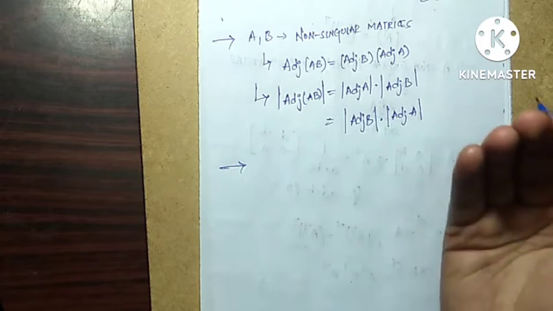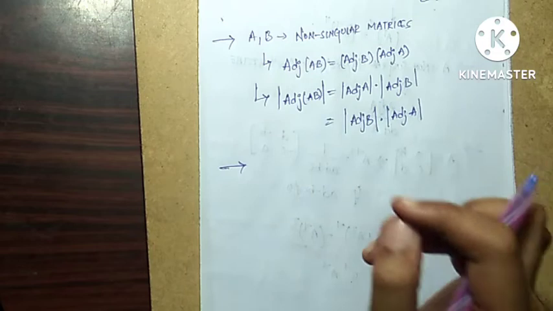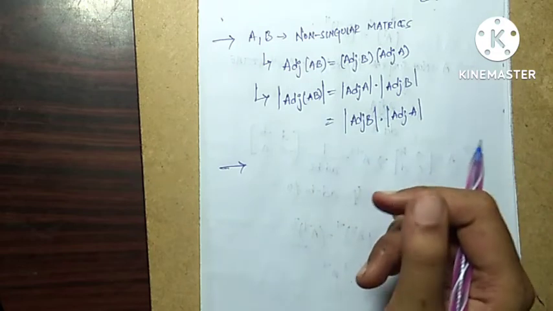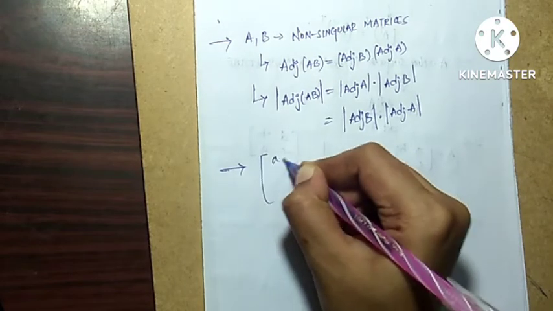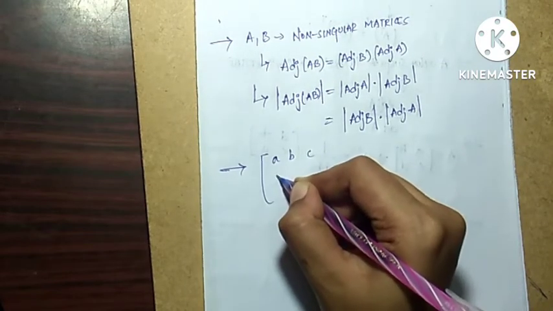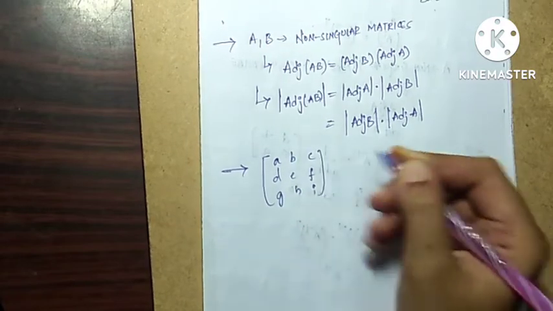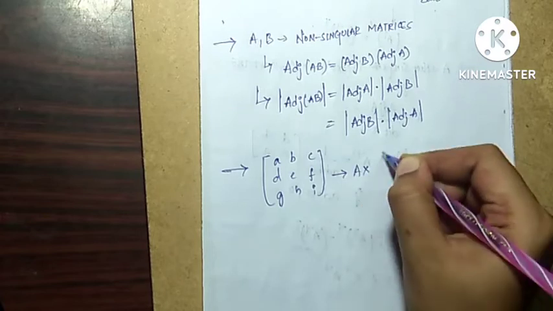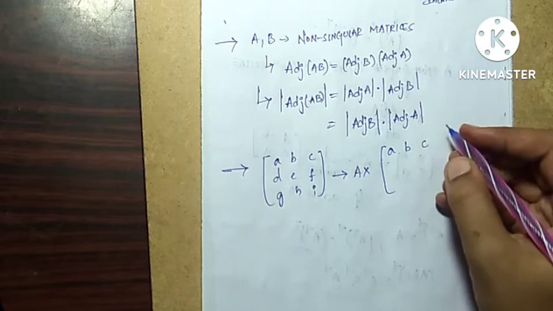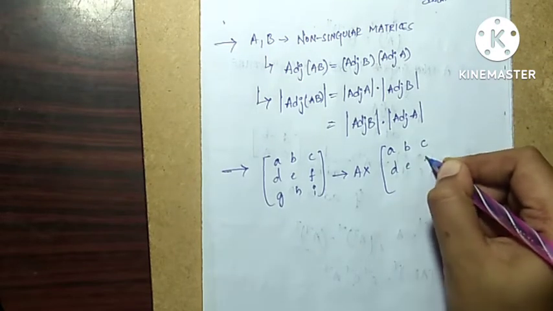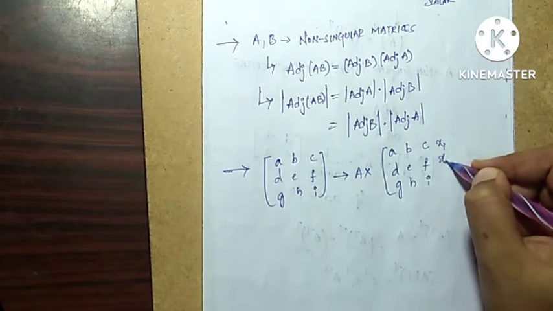To determine a rank and solution, first convert the matrix into echelon form. Echelon form means that if there is a matrix A, B, C, D, E, F, G, H, I, we have to convert it into the AX form, that is the matrix times X1, X2, X3.